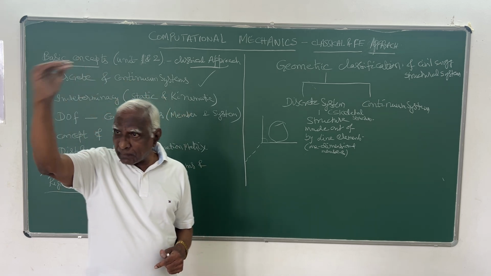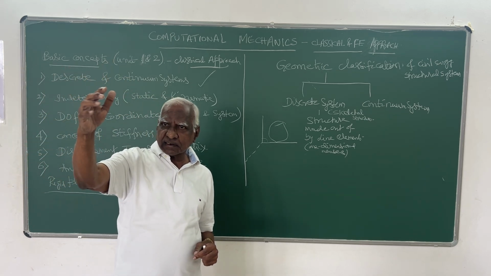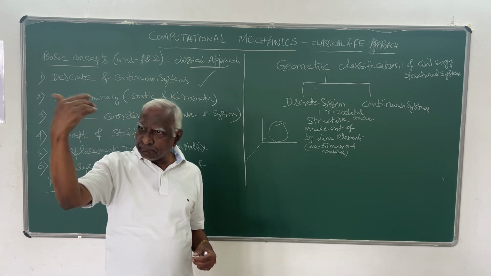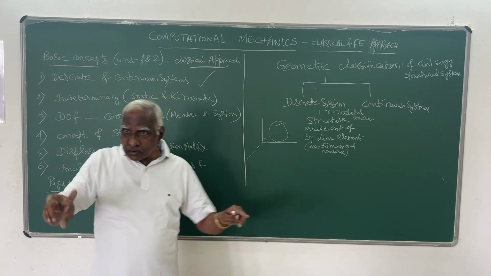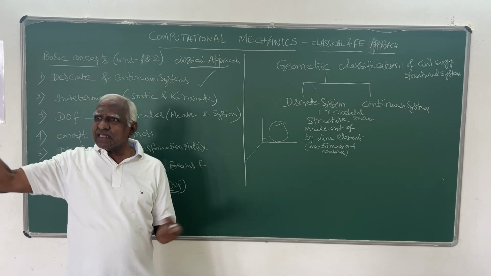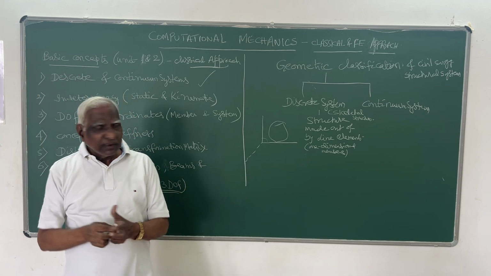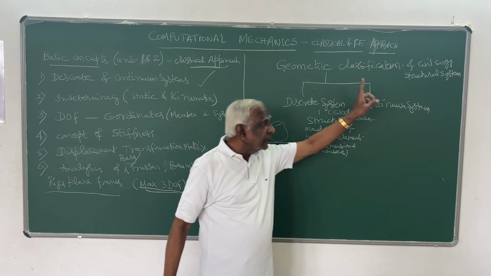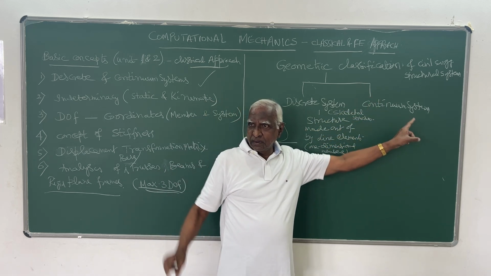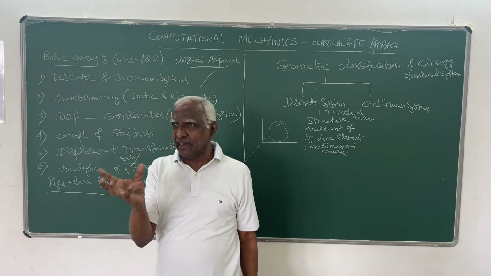So if a civil engineering structure is made out of a number of members which are two-dimensional in nature, that is, area, length and width, made out of area elements, that is called continuum. Area or solid elements.